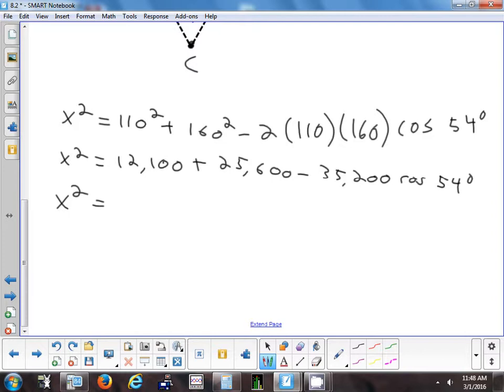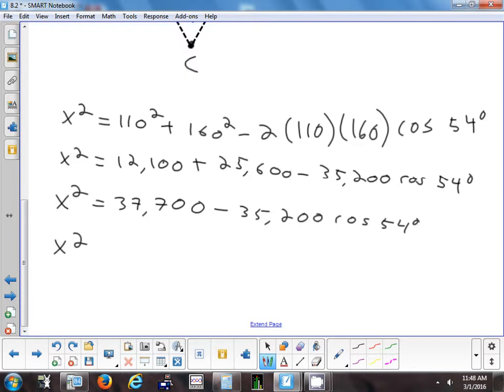All right, what do I do next? Combine like terms. Yep, combine like terms. What's 12.1 plus 25.6? So 37.7 minus 35.2. Now you could have done something extra in that step, but we're breaking it out here.